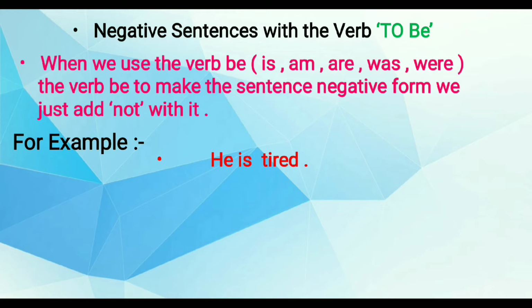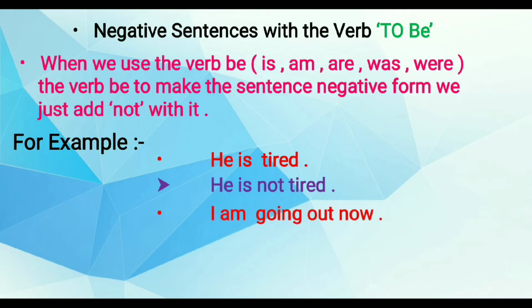Let's see the example. He is tired is the simple sentence. It is the positive sentence. But if we want to make it negative, then we use not with is. So what will be the answer? He is not tired. Next is I am going out now.